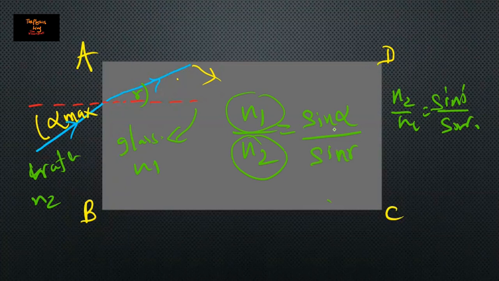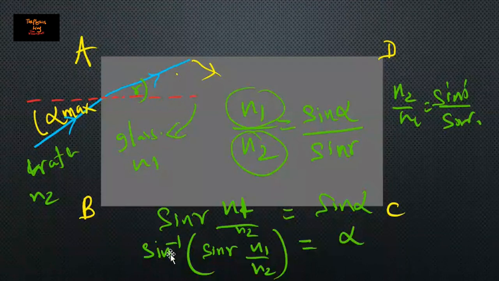So sine alpha equals sine R into N1 over N2, so alpha equals sine inverse of sine R into N1 over N2.